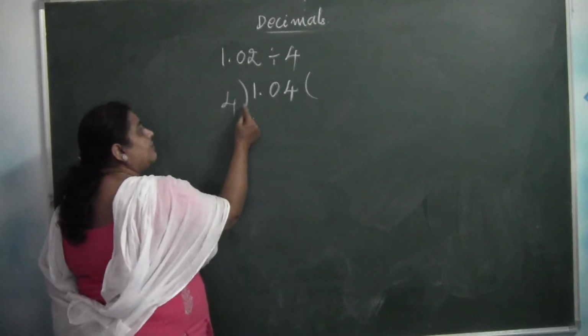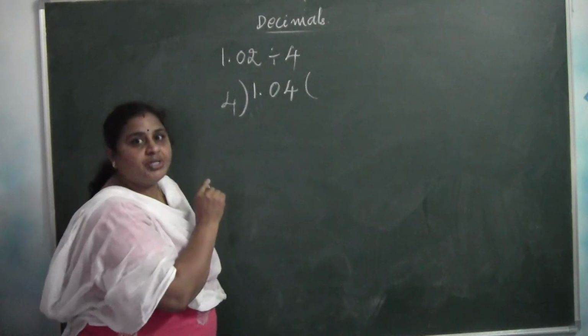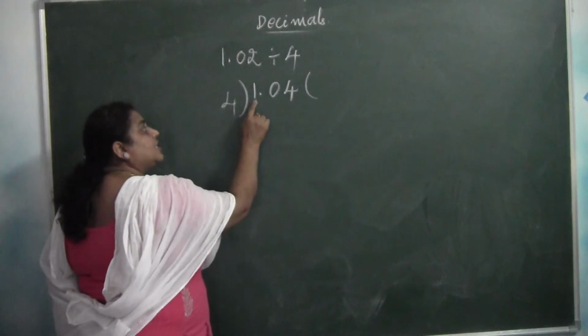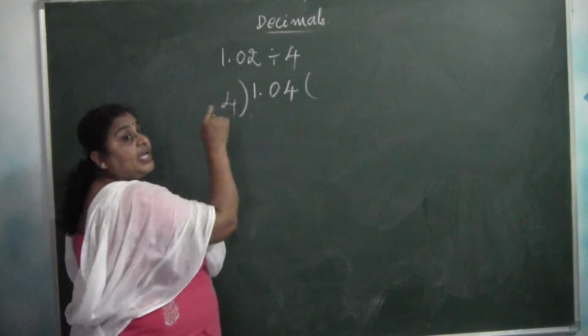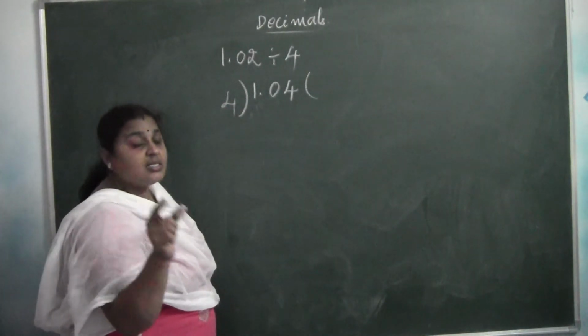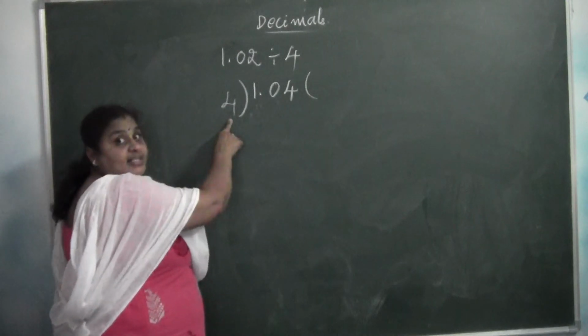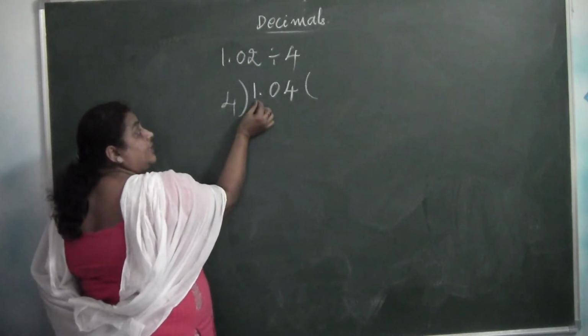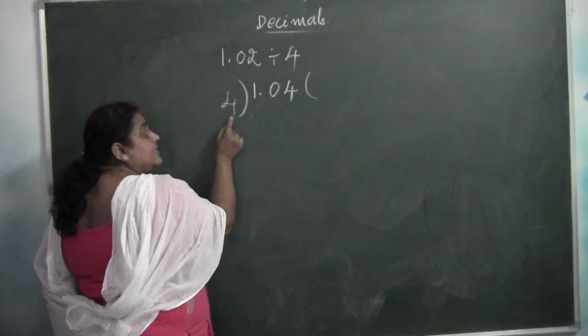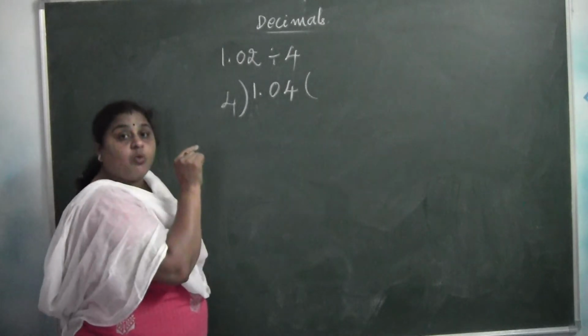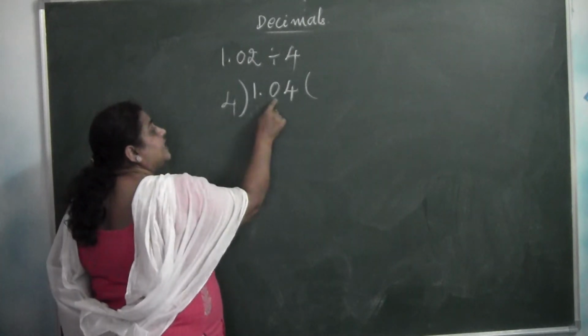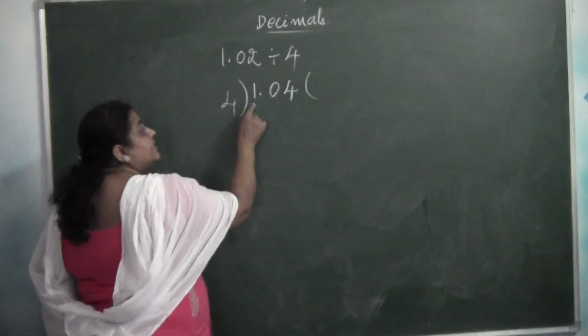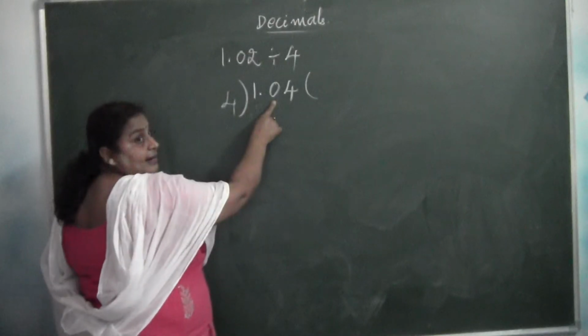Now, one will come in 4 table, children? No. So when the first digit of the dividend is less than the divisor, what are we going to do? We are going to take the second digit. That is, instead of 1, we are taking 10.